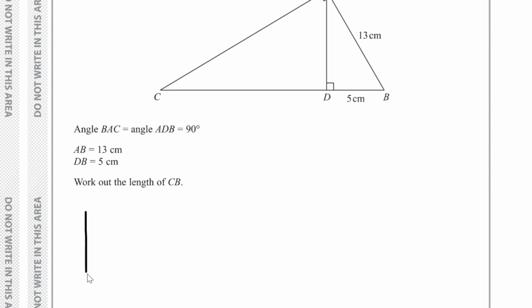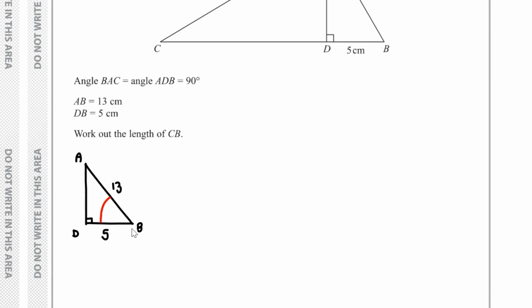So here is our little triangle. We have here D, A and B. And if we calculate this angle, well, here we have 5, here we have 13. We want to calculate this angle here. So to calculate this angle, we'll just add it as x over here.